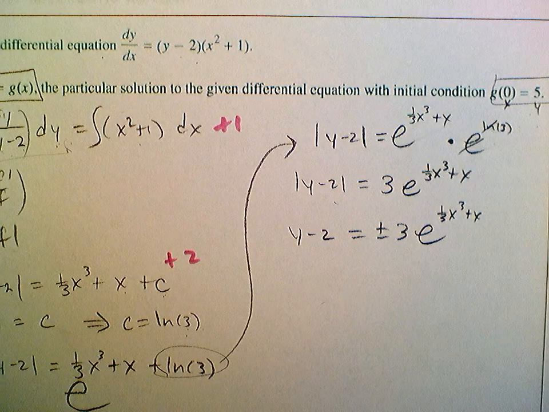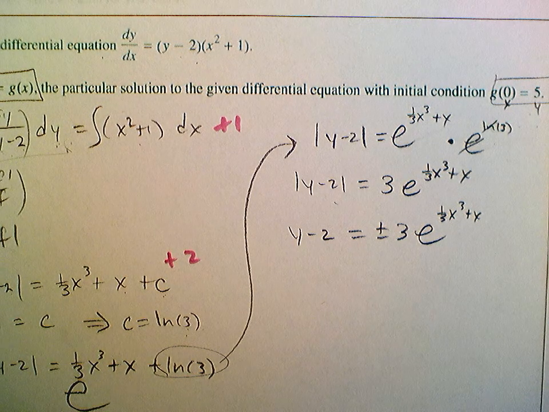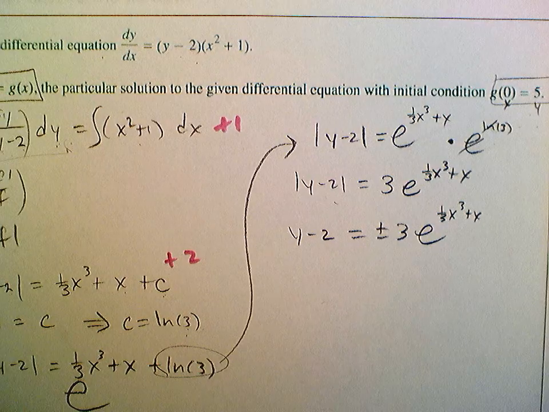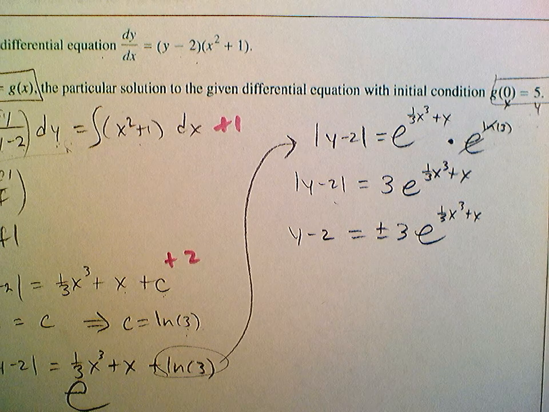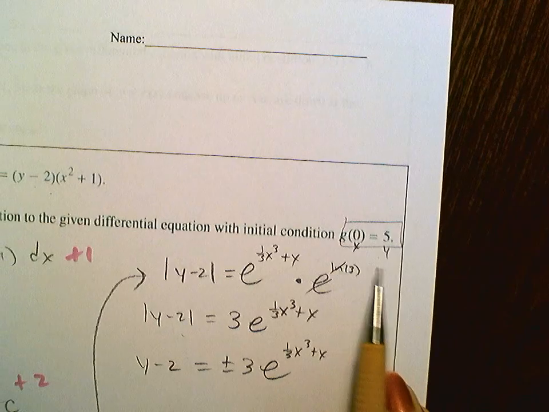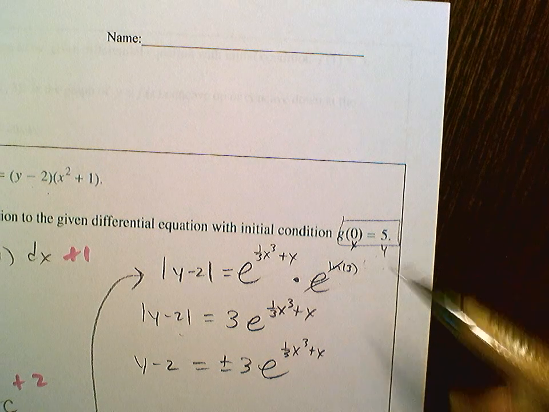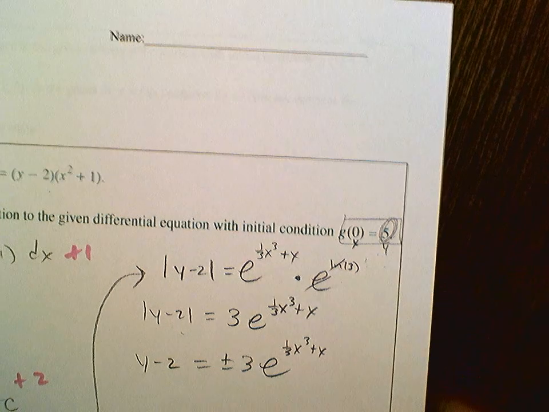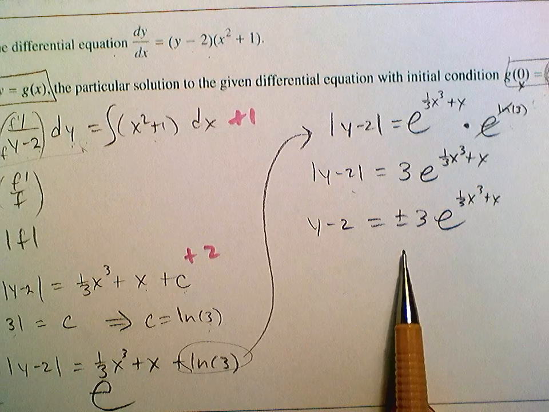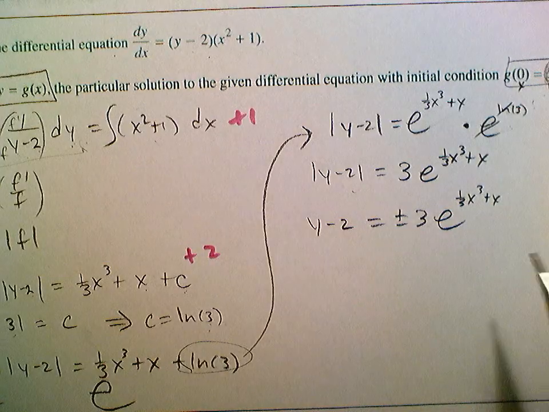But it can't be both of them. So you have to ask yourself, do I have any information before this that tells me whether I want the positive or negative value of this? And you always look at the initial condition. Here, the output is positive, okay? So we are going to want the positive one, or the one that would make y positive.